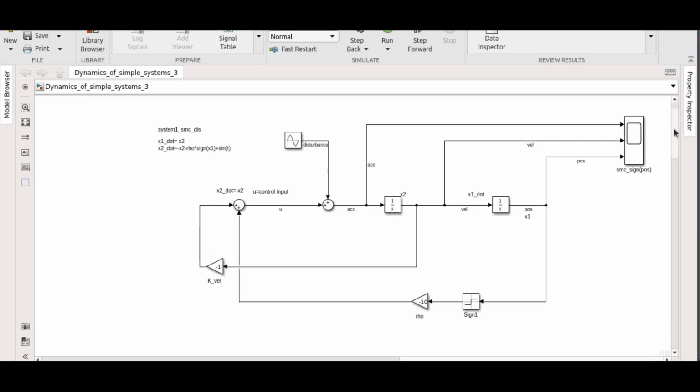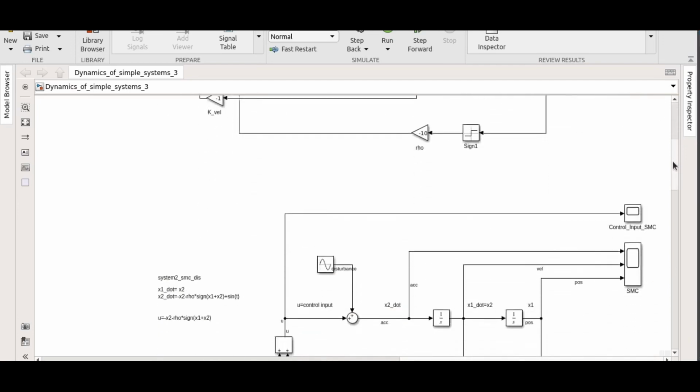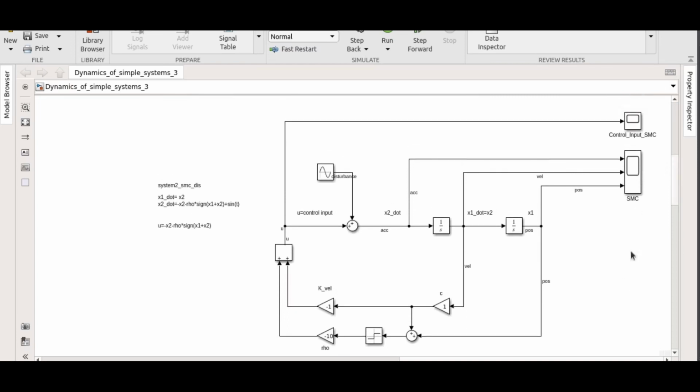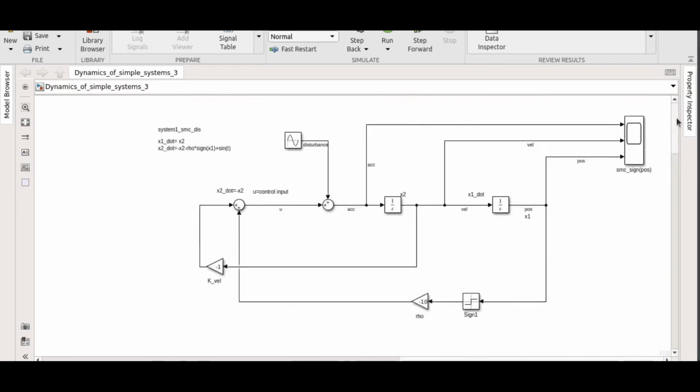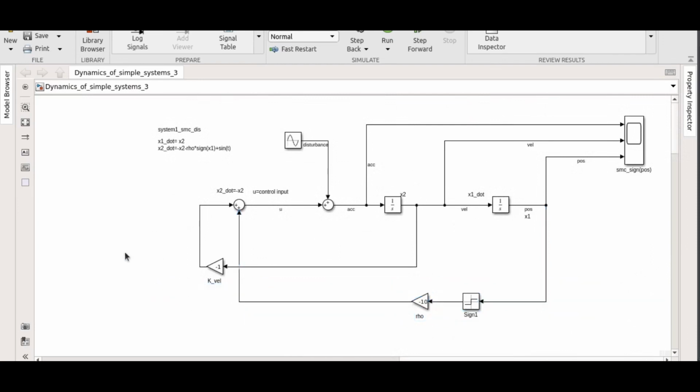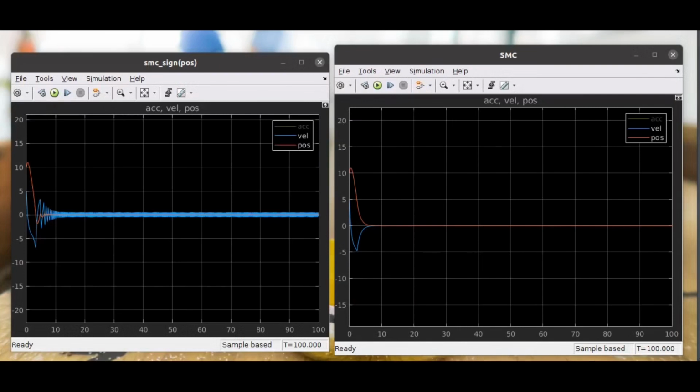In the last video, we have seen that in the sliding mode control, input of position as well as velocity to the signum function is better than having just position information to signum function. So the effect of disturbance will also be lesser in this case. That we can already see from the simulation plots.